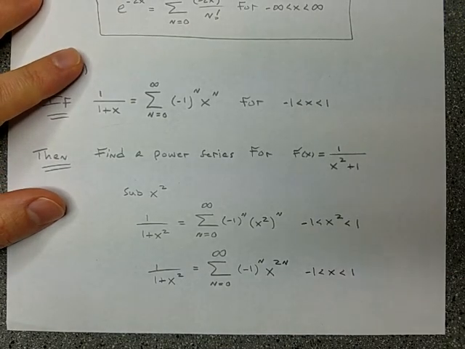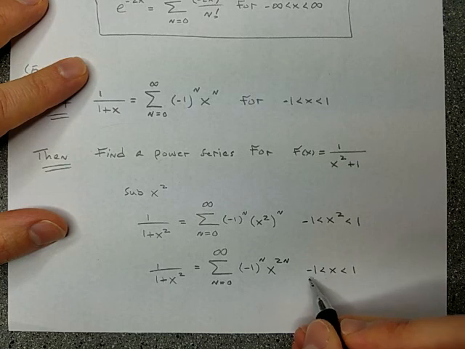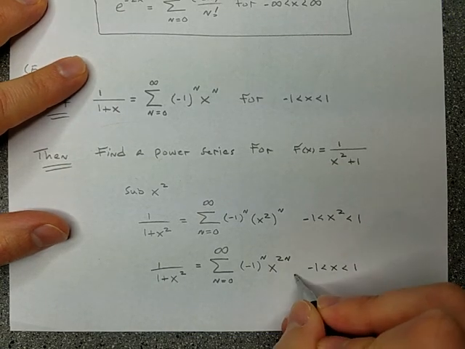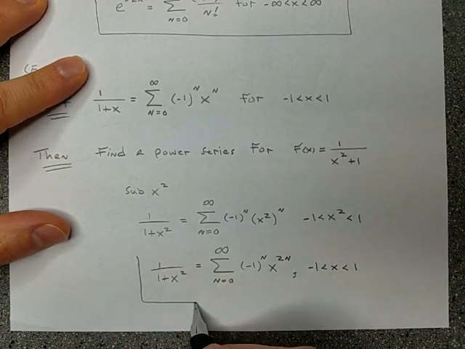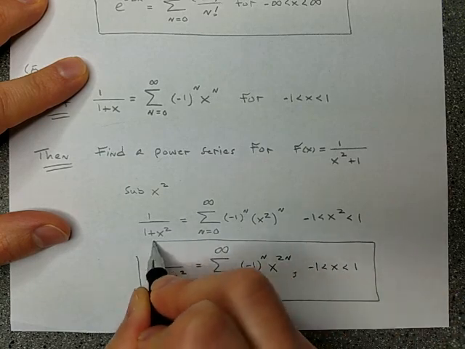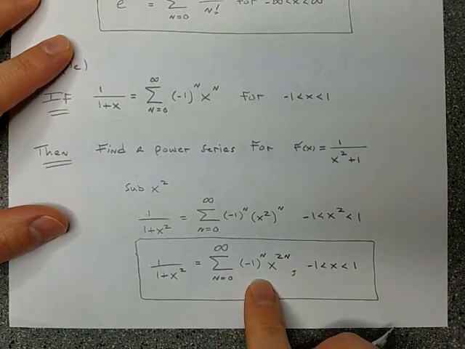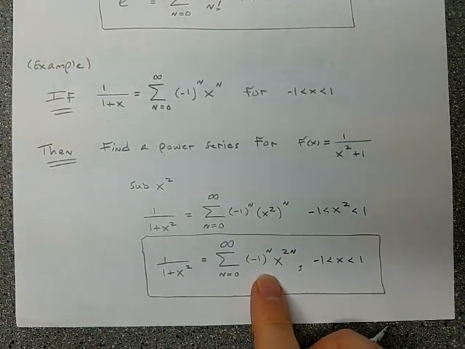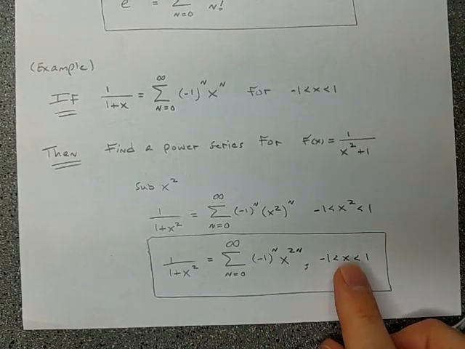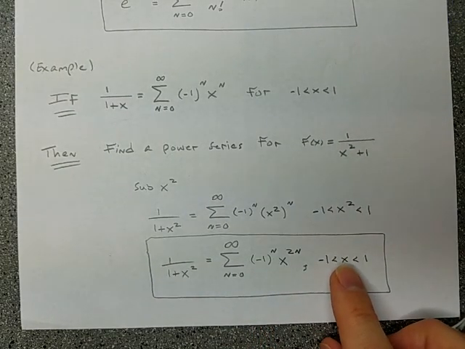So I can get from here to there. That's my interval of convergence right there. Here's my statement that this function is equivalent to that series, but only for those values of x, not for just anything.